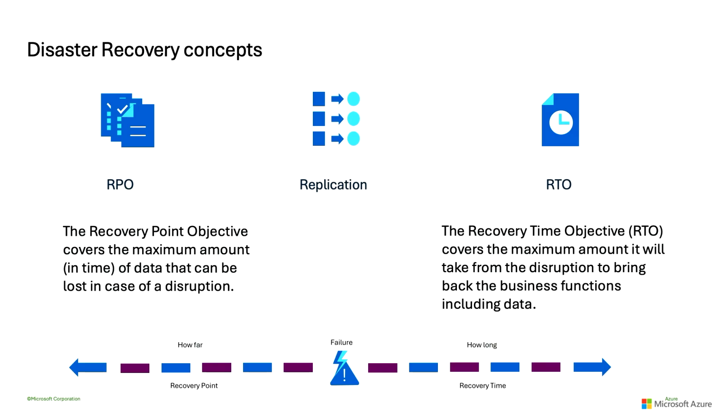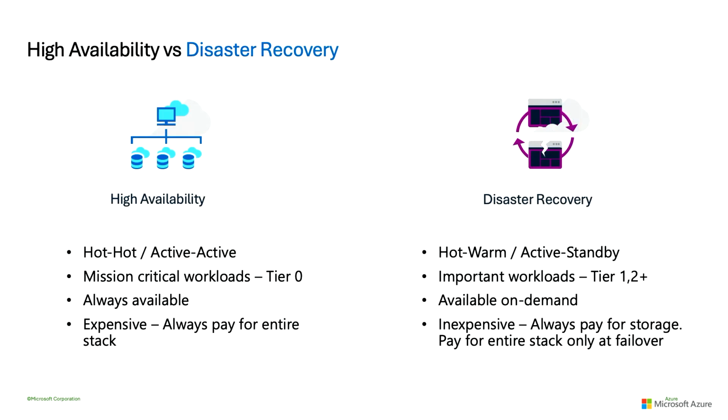To meet your RTO and your RPO, there are things that you need to put in place. For example, if your RTO is very few minutes, then you're probably going to adopt a highly available system, which means you're going to have a hot, active system like you have here on the left-hand side. This is for mission critical workloads, what we call tier 0. Always available.